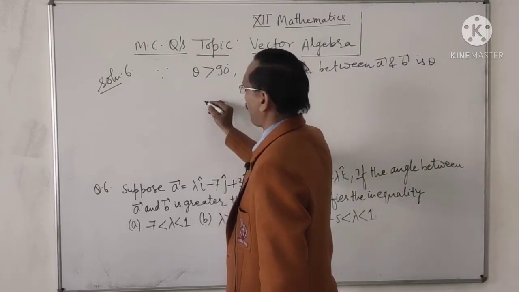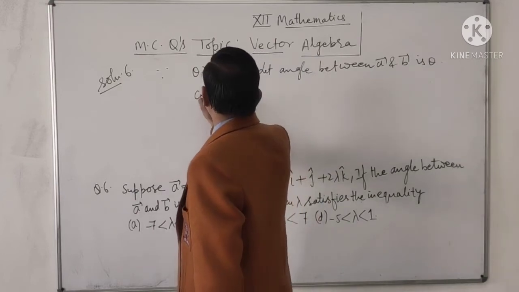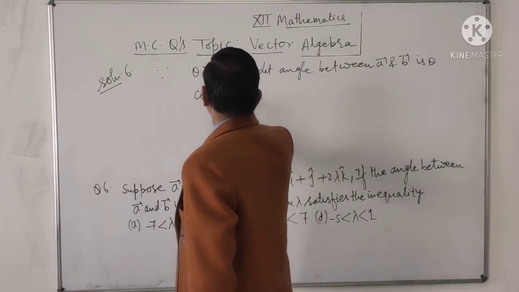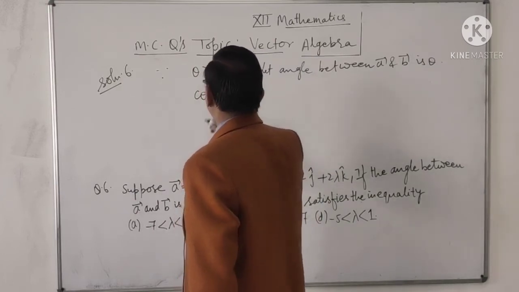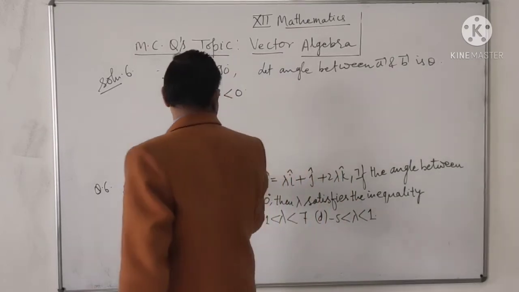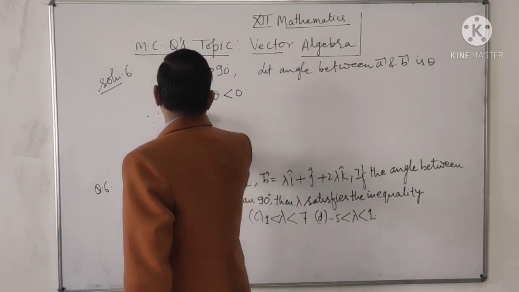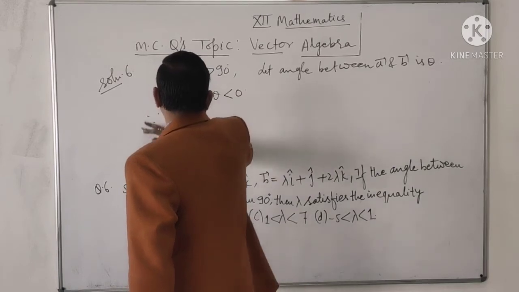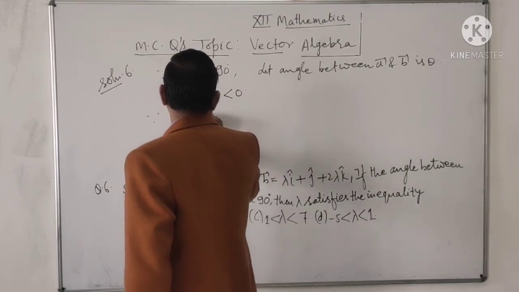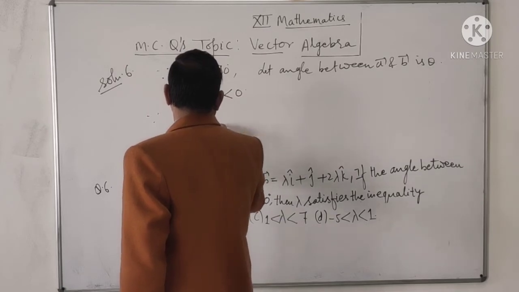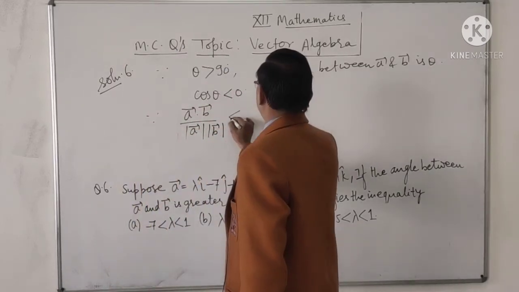Therefore cos theta is less than 0, is negative. Since cos theta is A dot B upon mod A into mod B, less than 0.